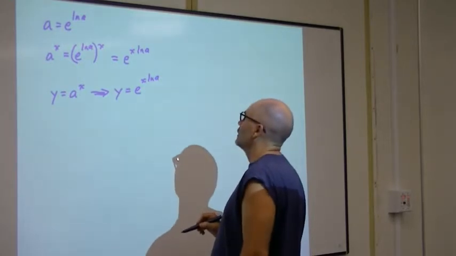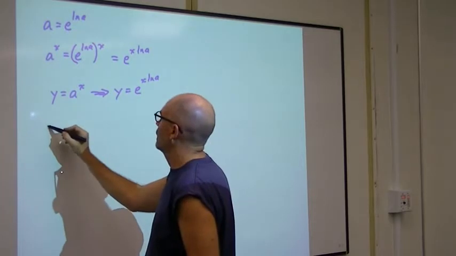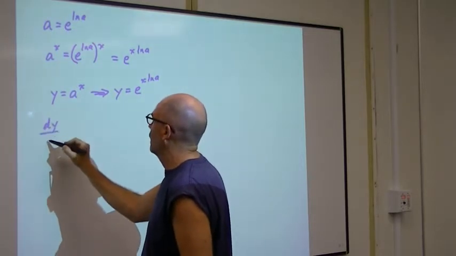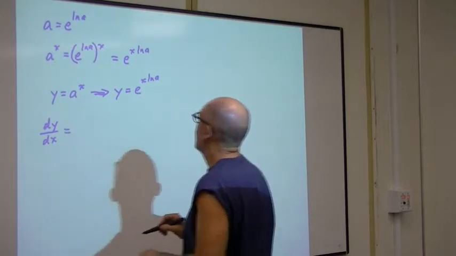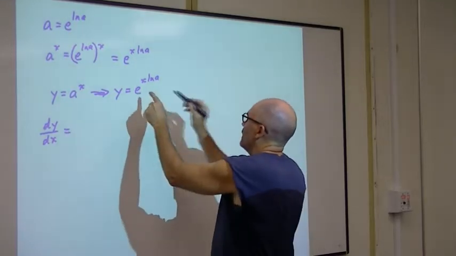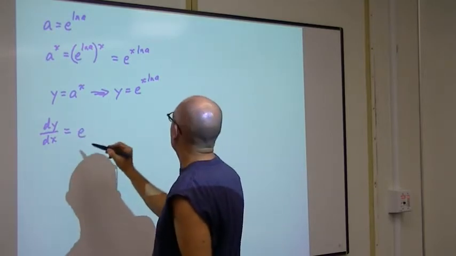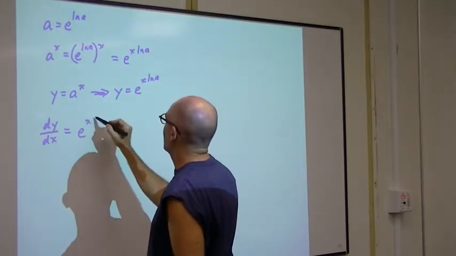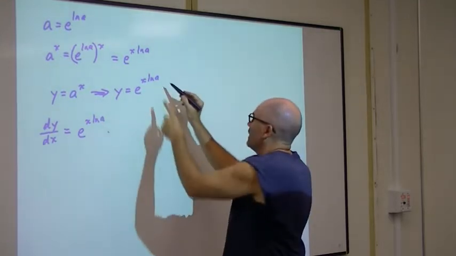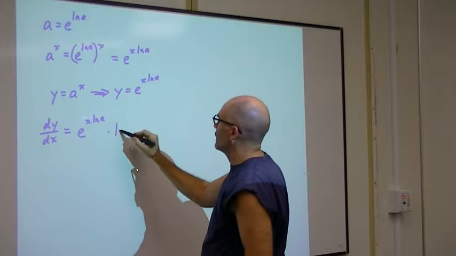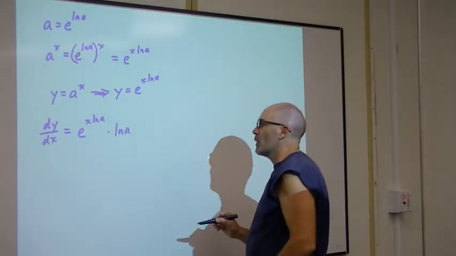All right, so now if I want the derivative of a to the x, notice I have the derivative of e to the x natural log a, which is going to be e to the x natural log a times the derivative of the inside. Well, that's got to be natural log a. So now what do I have?